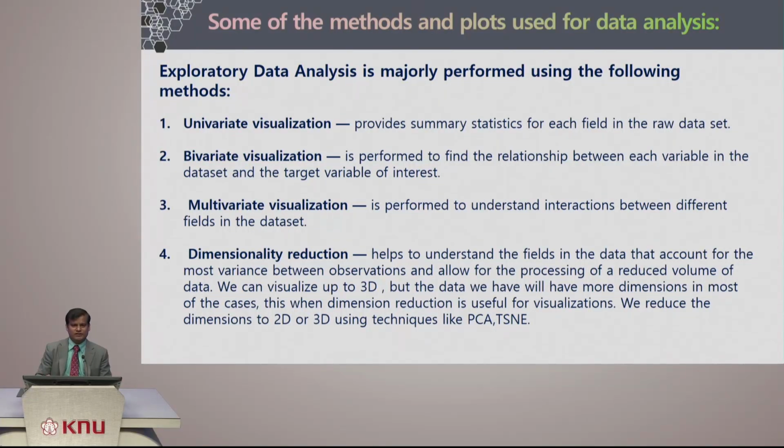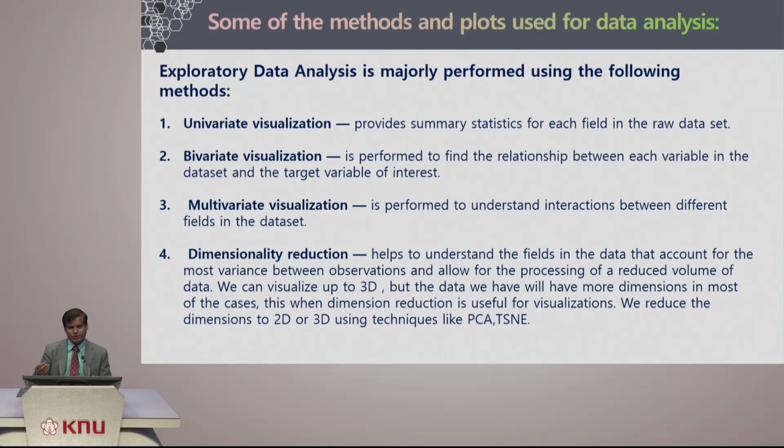Here are some methods and plots that are used for data analysis: univariate, bivariate, multivariate, and dimensionality reduction. Univariate visualization provides summary statistics for each field in the raw data set, whereas bivariate visualization is performed to find the relationship between each variable in the data set and the target variable of interest.